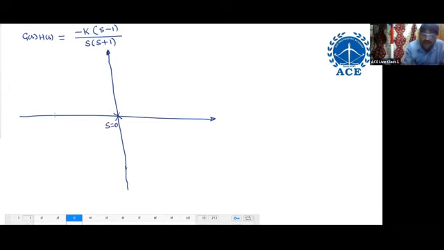Next, one pole at minus 1. Here K equal to 0, here also K equal to 0. And one zero at where? One zero at plus 1. Here K equal to infinity.